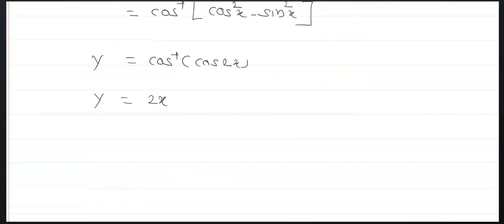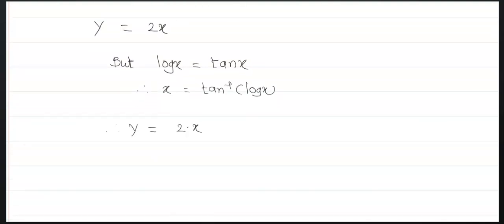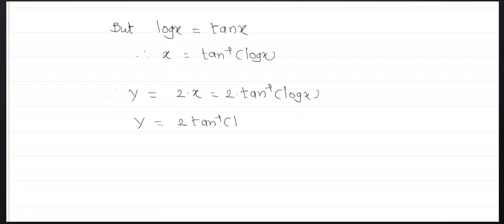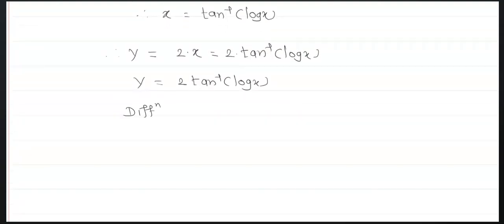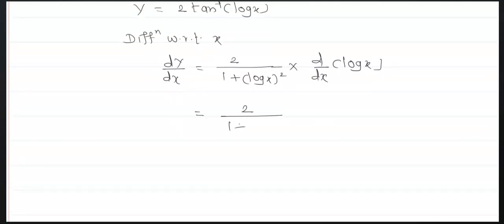Now next, substitute the value of theta, that is theta is equal to tan inverse of log of x, so y is equal to 2 times tan inverse of log of x. Differentiate it with respect to x. Therefore, dy by dx is equal to 2 upon (1 plus (log x) whole square) into d by dx of log of x, which is 1 upon x.